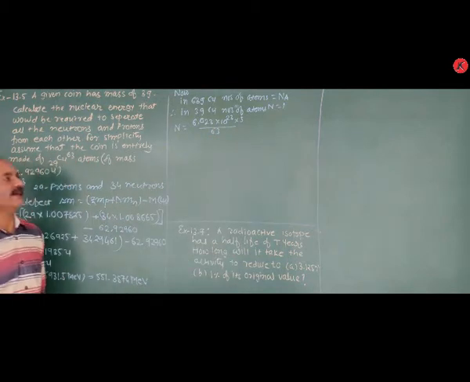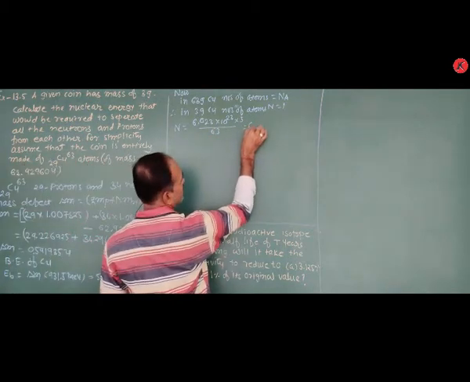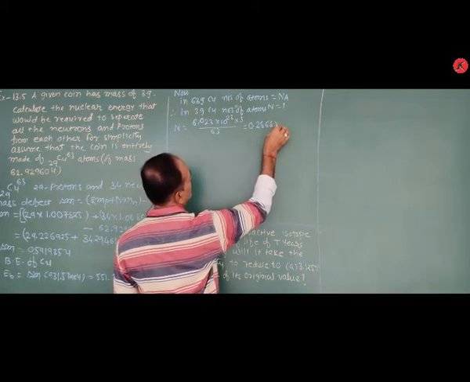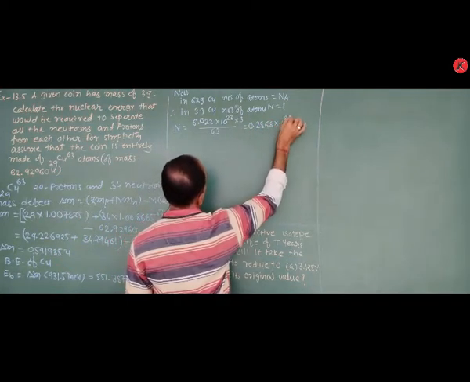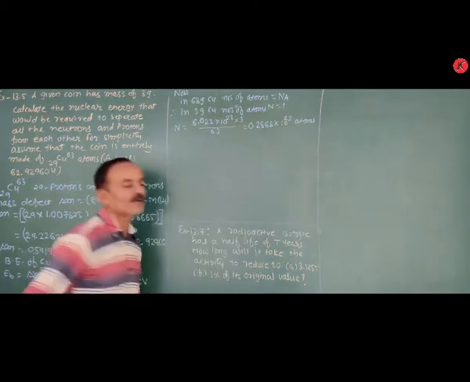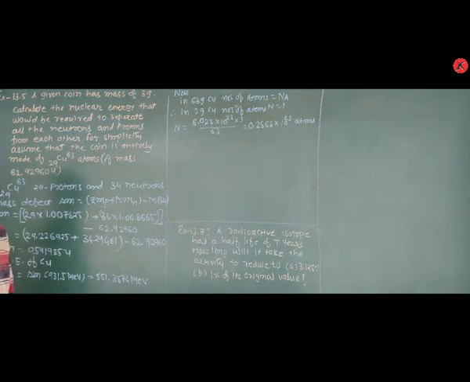So as we simplify, we obtain 0.2868 into 10 to the power 23 atoms in 3 gram copper.